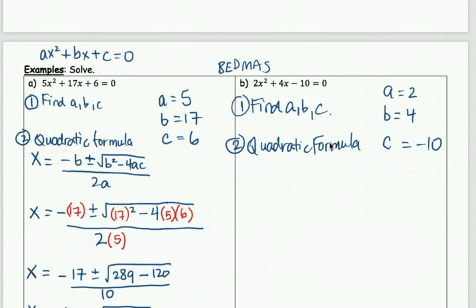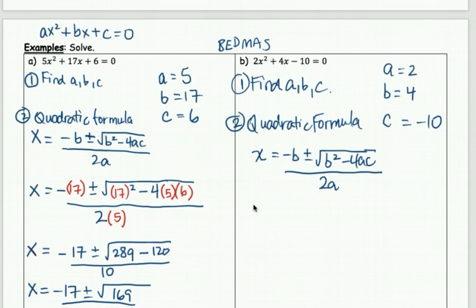So again, you're going to write it down correctly. Just before you go to use it, write it down and you'll get it memorized by maybe the third question, okay? So we have x equals -b, plus or minus the square root of b squared, subtract 4ac, all over 2a. All right, so let's go through and plug everything in.